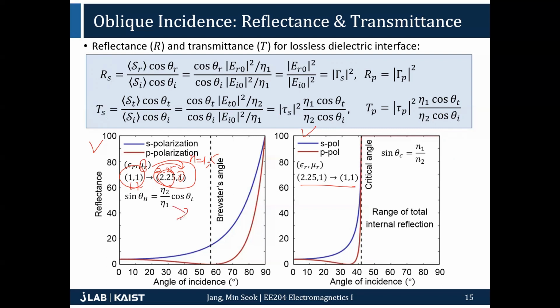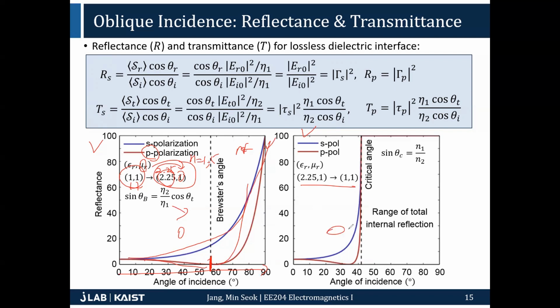And as you can see here, for S polarization, the blue curve, you see just a monotonic increase of reflectance. But for P polarization, as the angle increases, you have a special angle where you have zero reflection, which is Brewster's angle, as we said earlier. And then the reflection becomes unity.